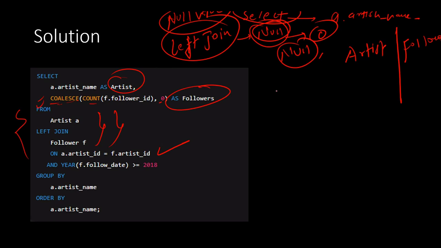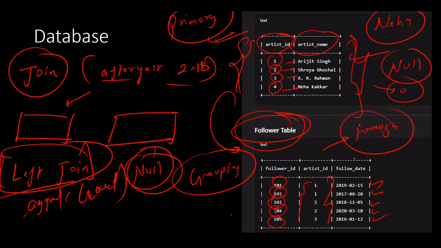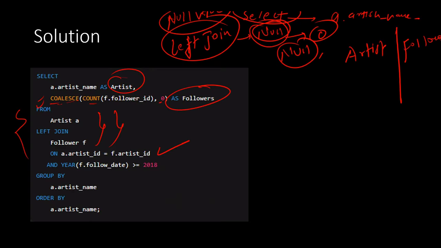Now we will talk about date. If we need to extract anything from the date, we can use the particular function. Suppose if we want to extract the year, we can use year. If we want to extract the month, we can use month.